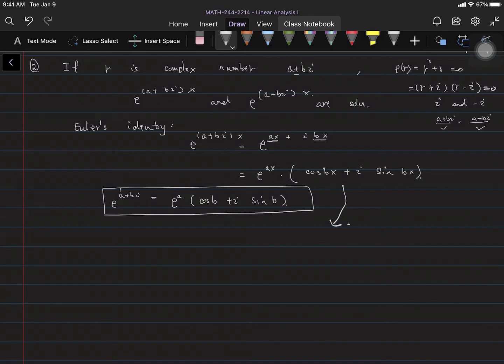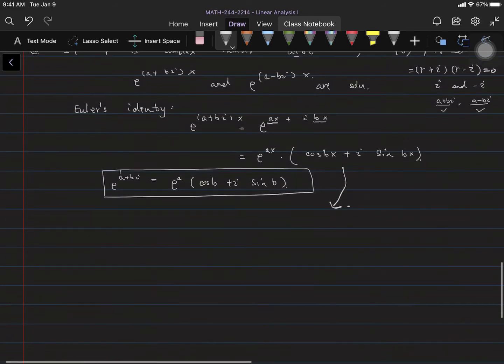After we change into Euler's identity, we can write this as e to the ax cosine bx plus i, we distribute, e to the ax sine bx, right? So this is a solution.